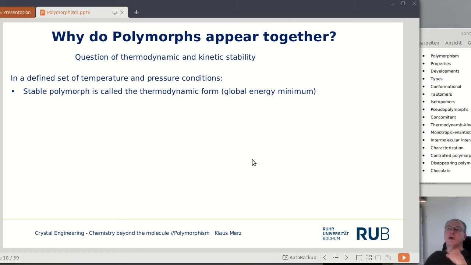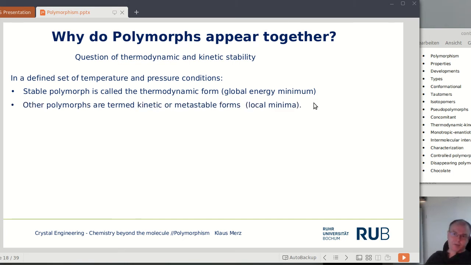So, we're talking about thermodynamic and kinetic stability when we are talking about polymorphism. First, what is the thermodynamically stable form? This is the global energy minimum form. No? This is the form where you will find the global energy minimum. All other forms, the other polymorphs, but it depends how many polymorphs you have, are called metastable forms.